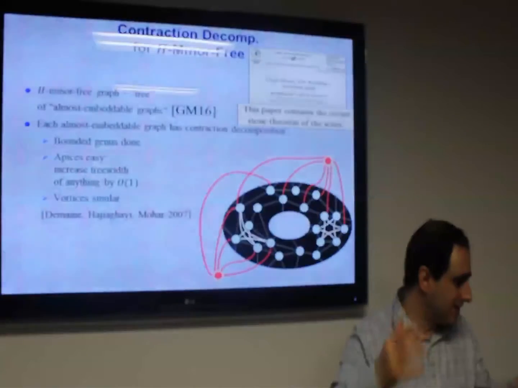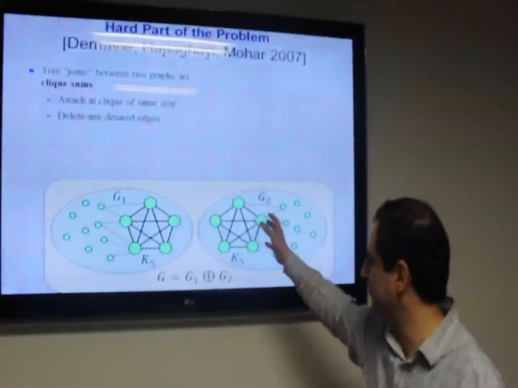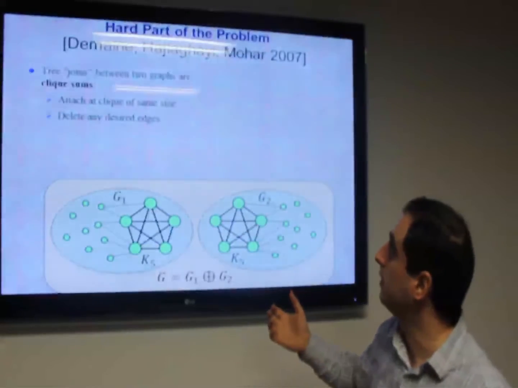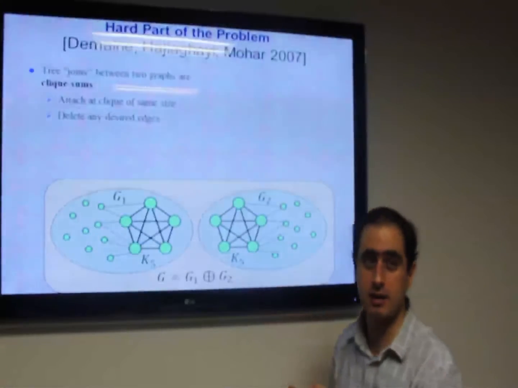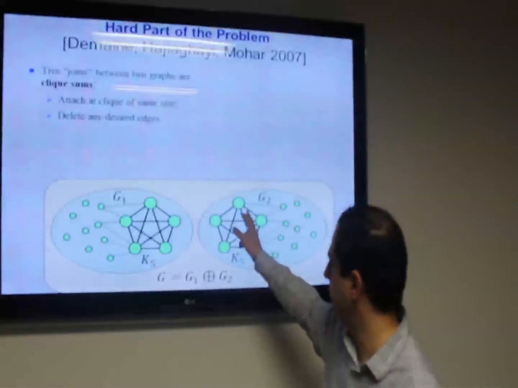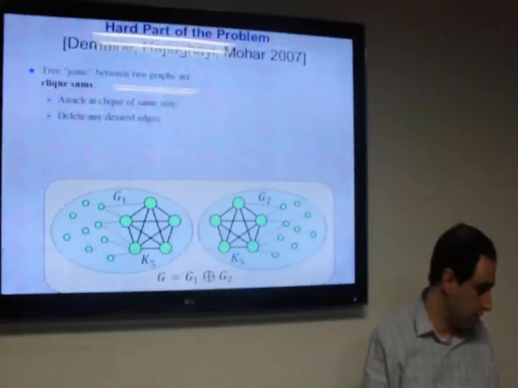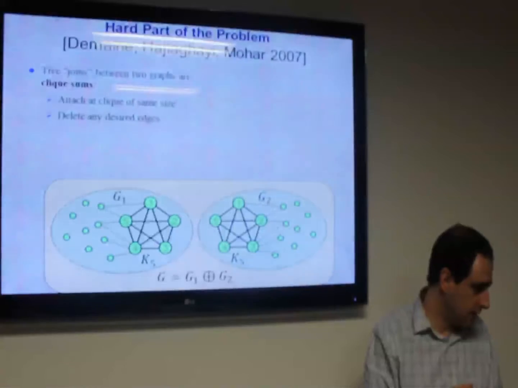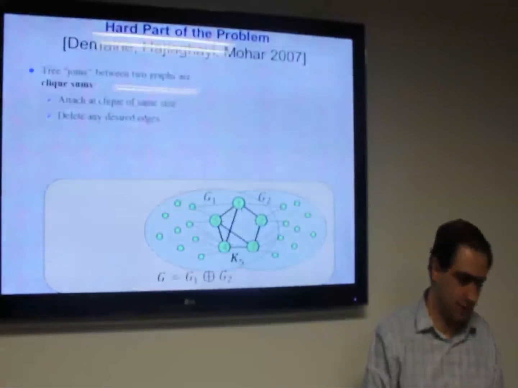And what exactly is the meaning of tree structure? How to combine them? You decompose these graphs via an operation which is called clique sum. The clique sum of graphs G1 and G2 is a graph where you consider a clique in both of them, you put them together, and then you can delete some edges.